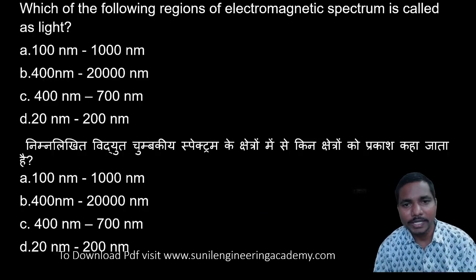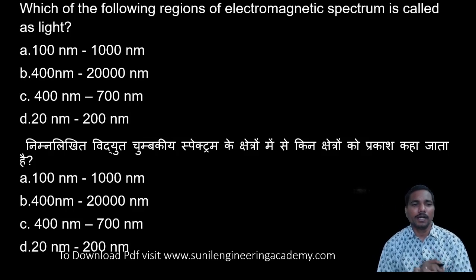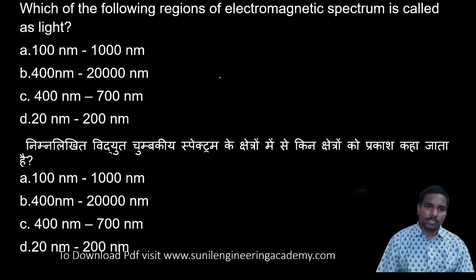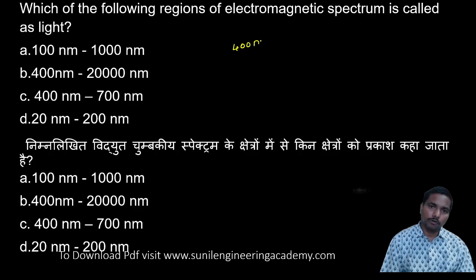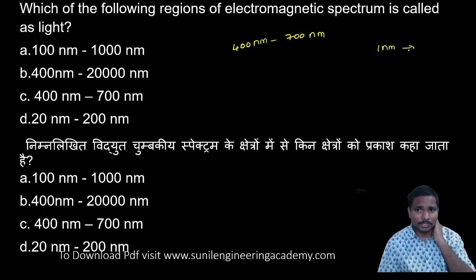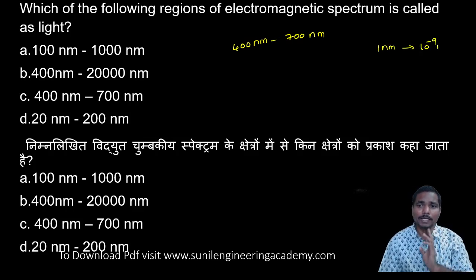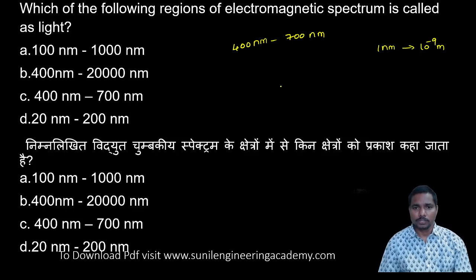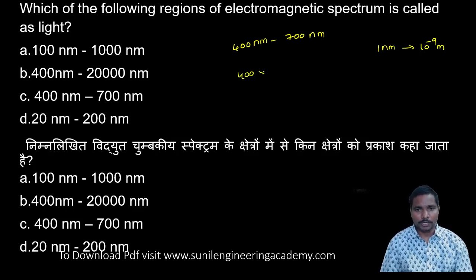Which of the following regions of the electromagnetic spectrum is called light? So generally we know very well 400 nanometer to 700 nanometer is said to be the spectrum of light. We know 1 nanometer is nothing but 10 power minus 9 meter. So 400 into 10 power minus 9 meter to 700 into 10 power minus 9 meter.